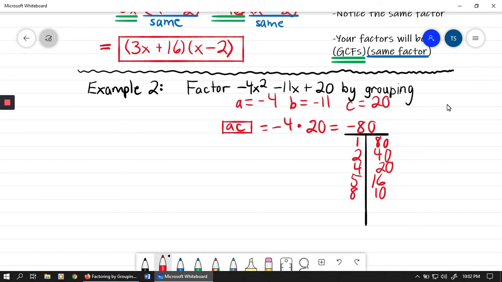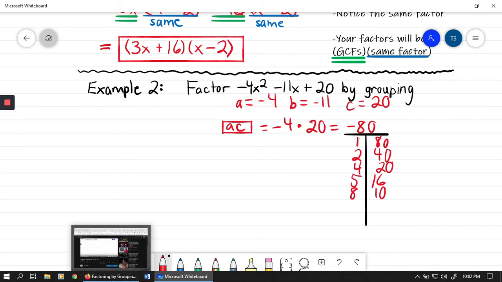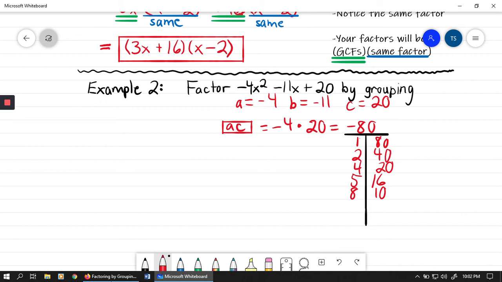So again, we're looking for two factors here that multiply to give you negative 80, but that add to give you negative 11. Since this is a negative number, remember we're looking for one of these factors to be negative. So when we look at the difference between all of these, the only pair of factors that will give us a difference of 11 is 5 and 16.